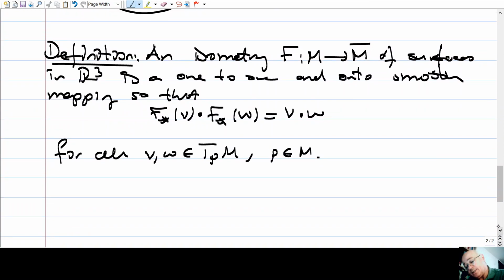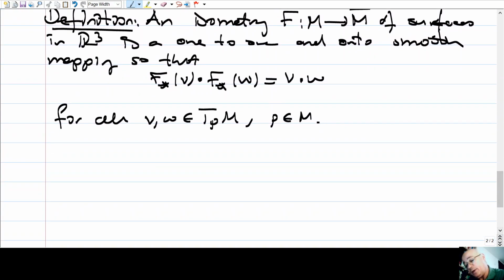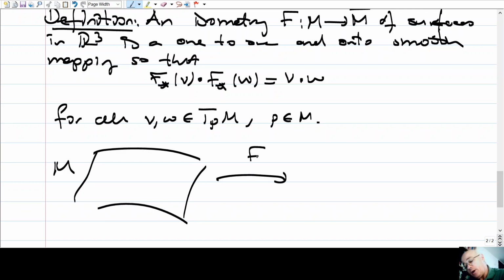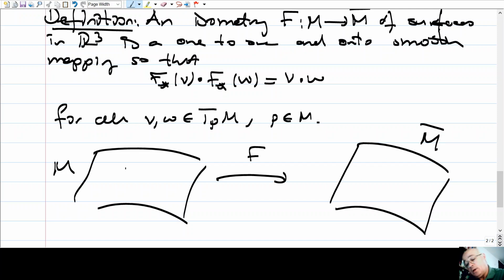So what does this tell us? Suppose this is the surface M, here is our F, and this is the surface M bar. It's a one-to-one and onto map. Let's say this is the point P, this is the point F of P, and it does the following.